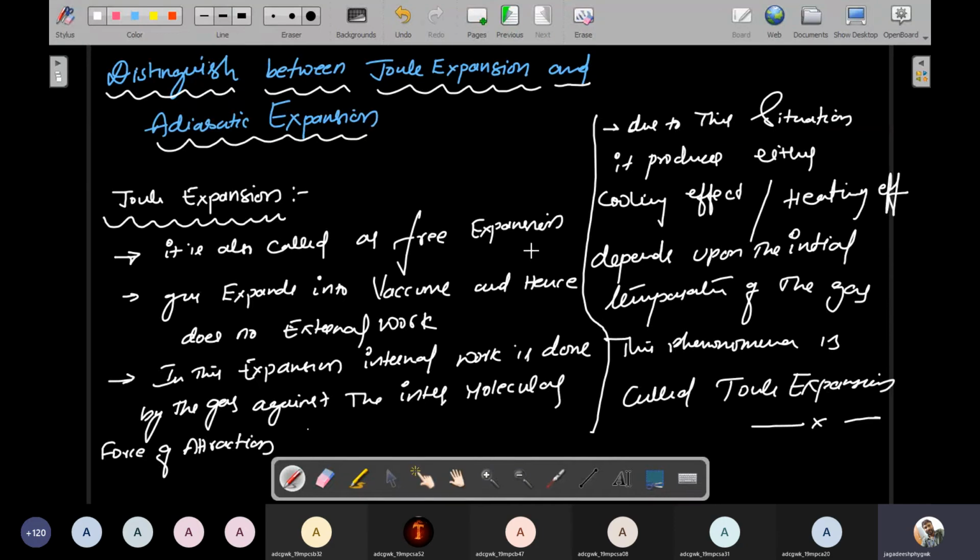Therefore it does only internal work, that is, the internal work done by the gas against the intermolecular force of attraction. Due to this situation, it produces either cooling or heating effect, and it also depends upon the initial temperature of the gas, and this phenomenon is called Joule expansion. So right now I'll move to the next topic.